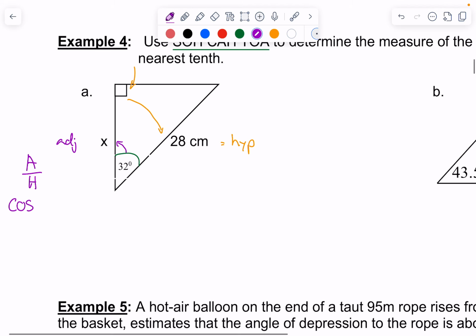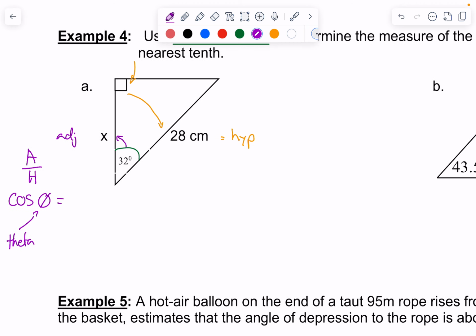Cosine of some angle, and in math this unknown angle is a variable we call theta, is equal to its adjacent over hypotenuse. So cosine of the given angle, 32 degrees, is equal to adjacent, which is the thing we are solving for, x, over the hypotenuse, 28.